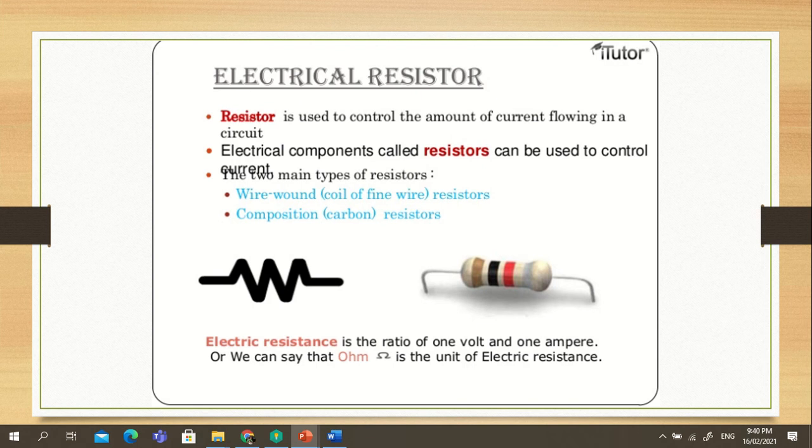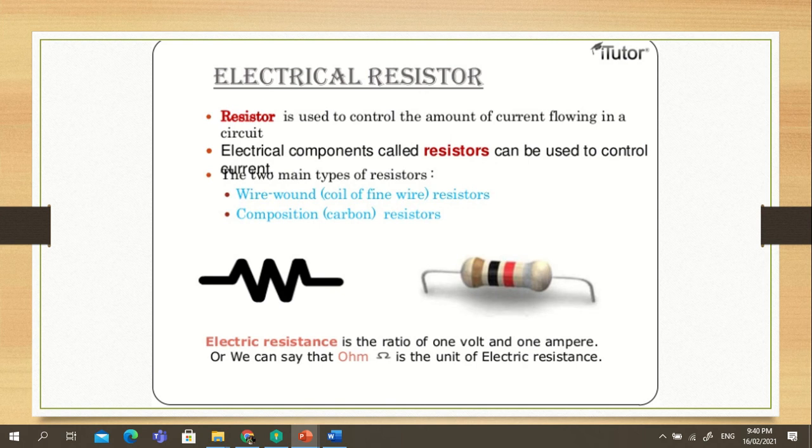So we have what we call an electrical resistor. What is a resistor? A resistor is used to control the amount of current flowing in a circuit. That's one of its purposes, to control the flow of current in a circuit. Electrical components called resistors can be used to control current.